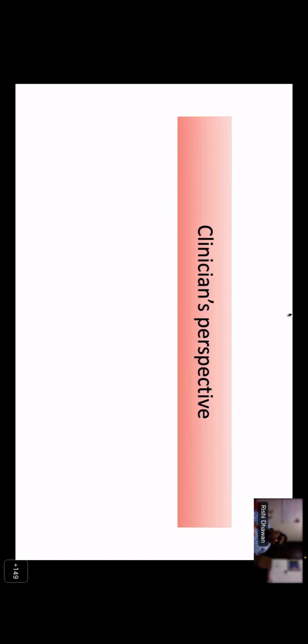This is probably the reason why, if you look at the literature of HLH series on the bone marrow, they say 0 to 90%. So a broad range for getting bone marrow evidence, tissue examination evidence for HLH. So the diagnosis is often made clinically rather than pathologically. So that is another thing to be kept in mind. And depending on the cause, it is prognostic.